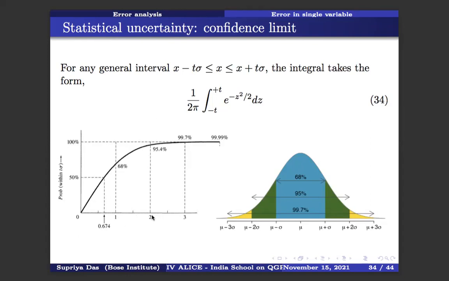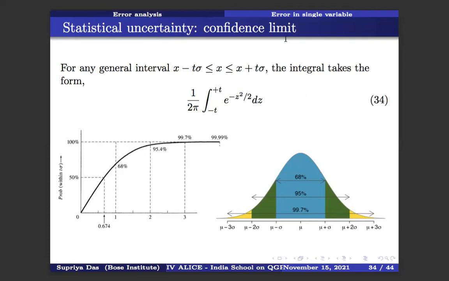If you go to 2 sigma, it falls from 100% to 95.4%. With 3 sigma it is 99.7%, and with 4 sigma it is 99.99%. And the same thing is represented in the right hand side picture. If it is a Gaussian, then this is the mu, and the value lies 68% of the time within mu minus 1 sigma to mu plus 1 sigma.